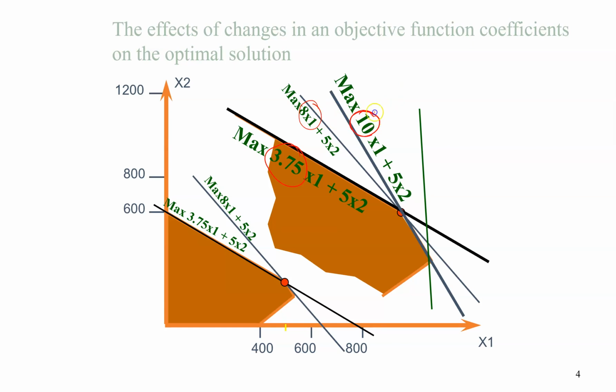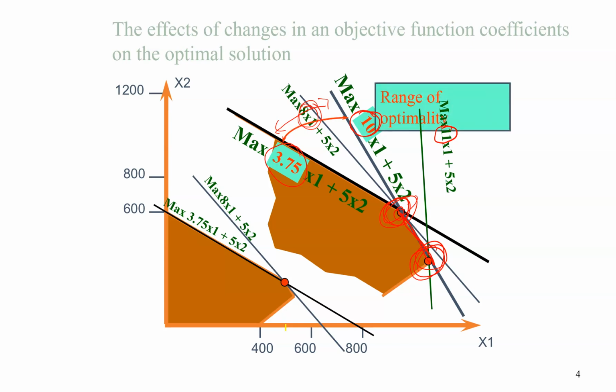If we increase it to 10, the solution is still here and also along this line. But when we increase it again to 11, the solution is no longer the original one, but changed to another point. So the range of the coefficient of x1 is between 3.75 and 10. This is what we call the range of optimality.